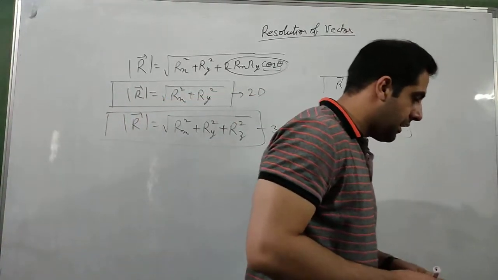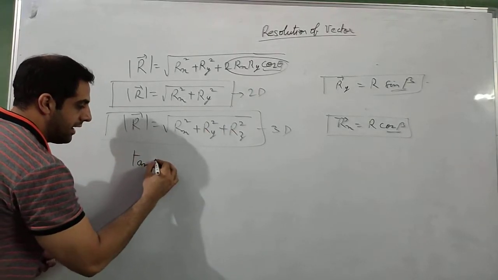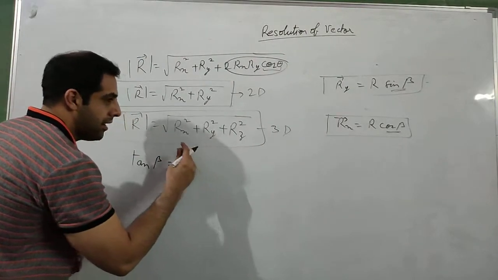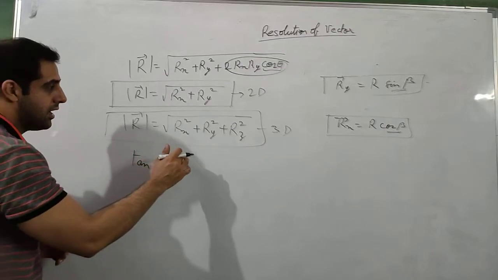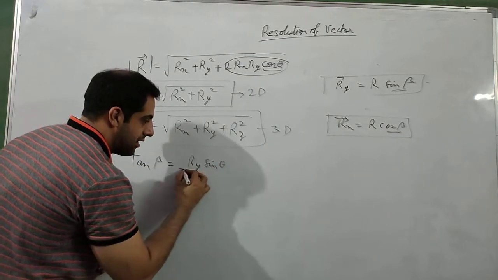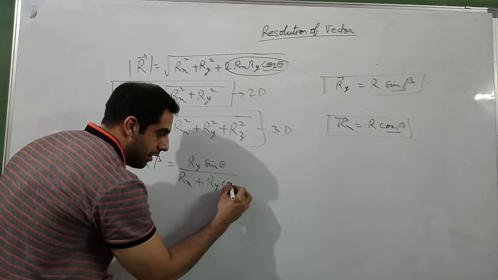Now the remaining thing is the direction. Direction was tan beta. What was the formula for tan beta? It was b sin theta upon a plus b cos theta. So here it is ry sin theta upon rx plus ry cos theta.